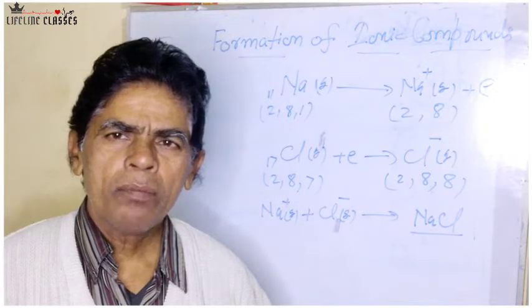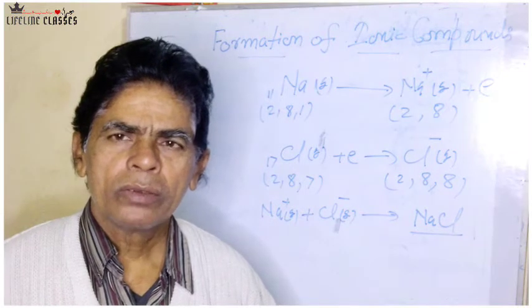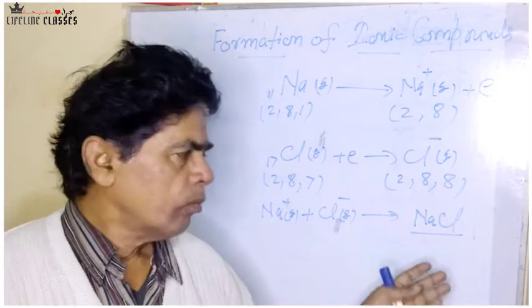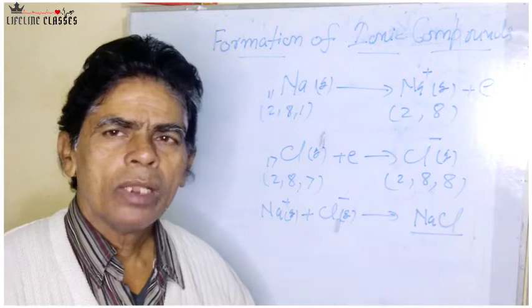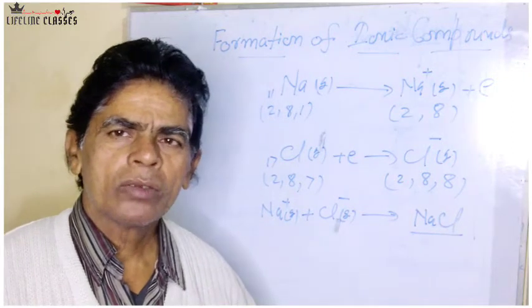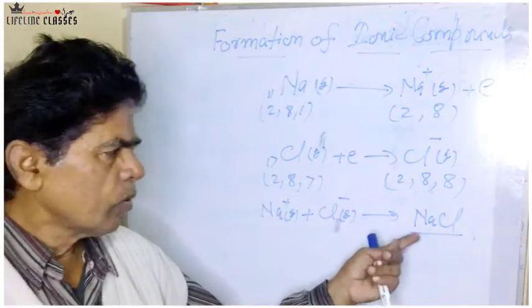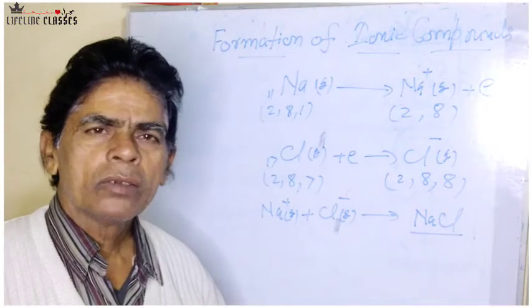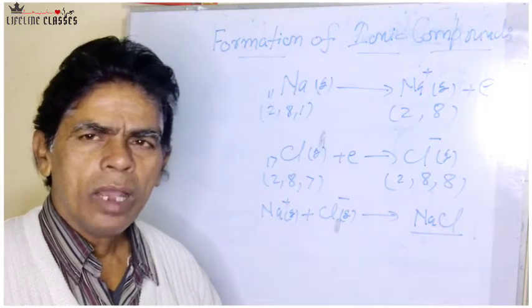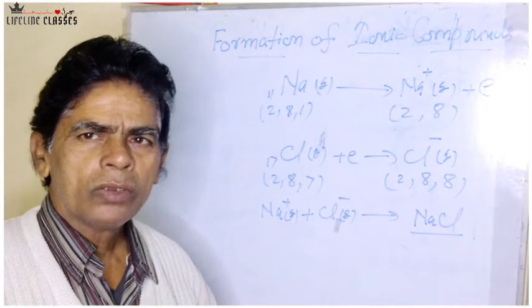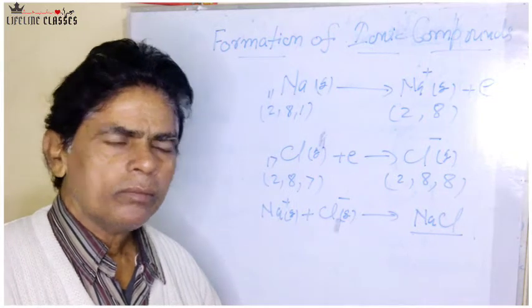Such an appearance of the molecules is known as crystalline molecules, crystalline solids. So sodium chloride forms a crystalline solid. Any ionic compound exists in crystalline state.